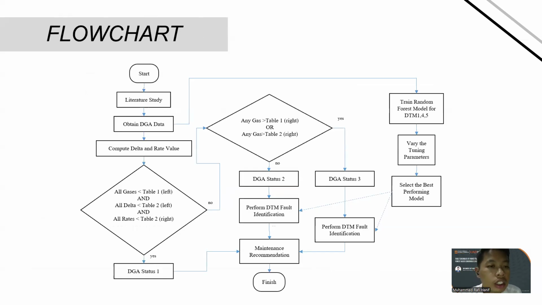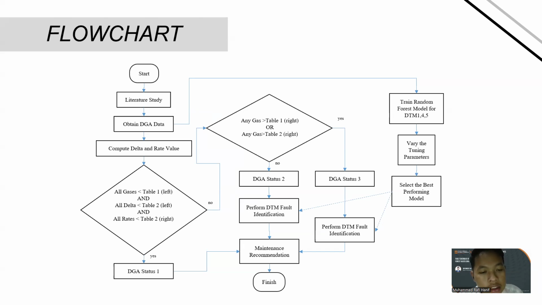And then this is the flow chart of our research. Start, and then go to literature study, and then obtain DGA data. The next is compute data and rate value, and the next is if all gases are below Table 1, and all delta below Table 2, and all rates below Table 2.